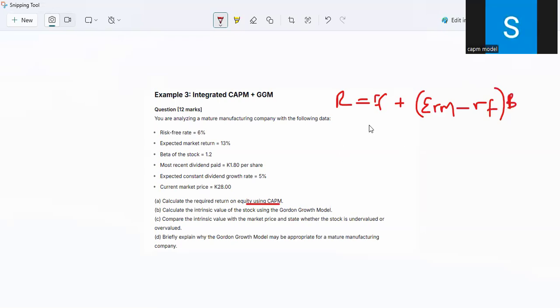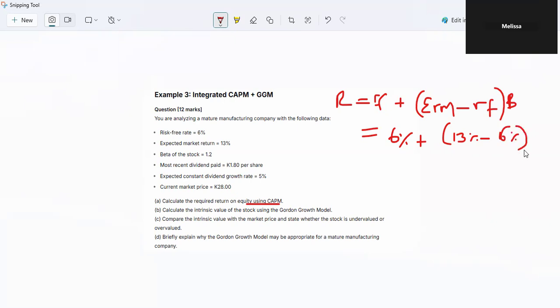So what is our risk-free rate? Risk-free is 6%. Then plus our expected market return, 13%, minus the risk-free rate again, then you multiply that by 1.2.